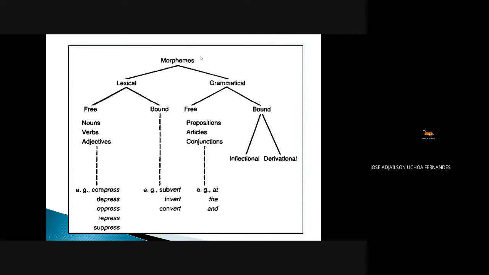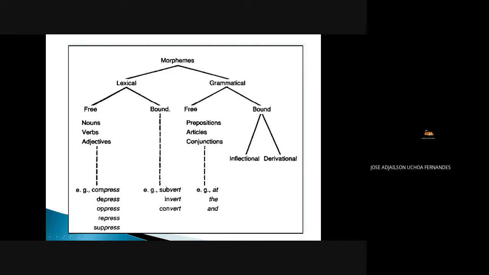So if you consider the types of morphemes, we have this scheme here. We have the group of morphemes, okay? Now morphemes can be either lexical or grammatical. Follow this scheme here. Morphemes can be either lexical, I mean, naming something in the world, or grammatical, being there in the word just to give agreement, number, verb tense, and so on. Lexical morphemes can mean on their own, can stand alone as words, so we call them free lexical morphemes, or they can be bound, okay?